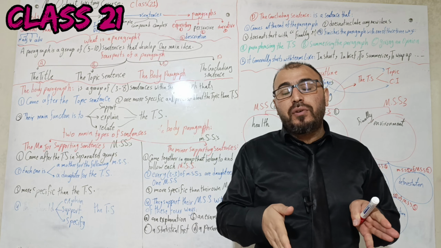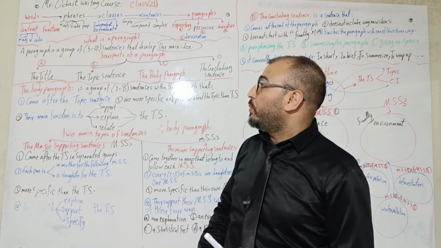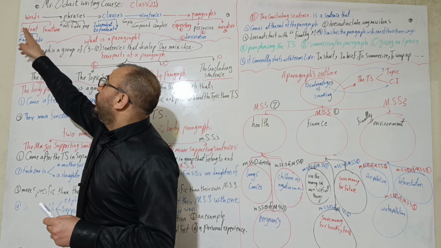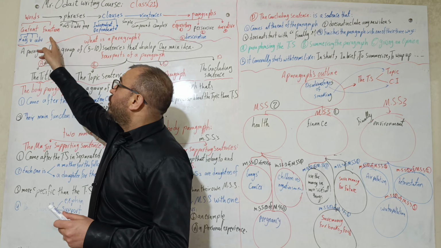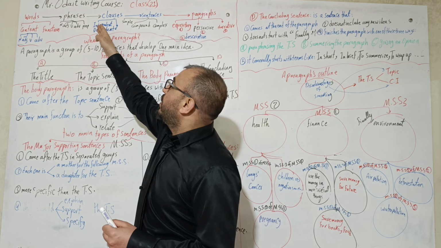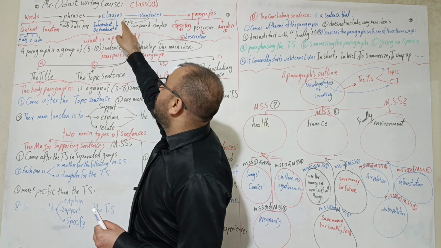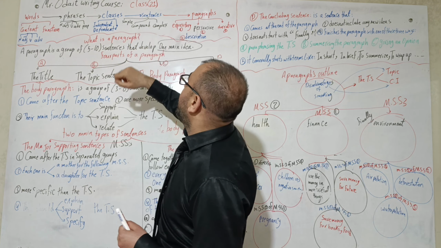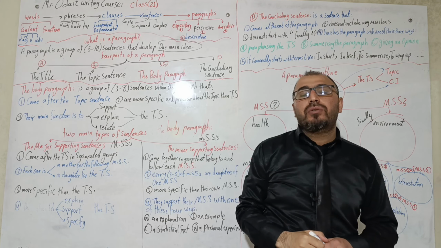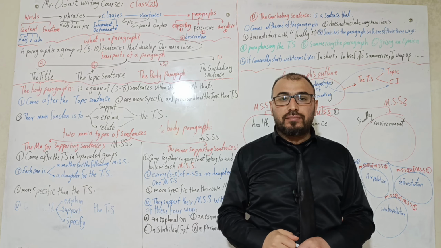So, my friends, before you watch this video, I would recommend going through a quick revision about words, whether content words and function words, or phrases and their 5 types, the clauses, the independent and dependent ones, and the types of sentences, the simple, compound, and complex sentences, before you go through the paragraph with me.